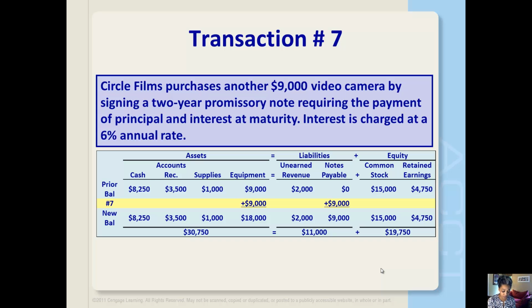So they're receiving the equipment, so assets are increasing. But unlike transaction number 2, they're promising to pay the cash plus interest in 2 years instead of paying the cash at the time of the transaction. So in this case, liabilities are increasing instead of having the assets decrease by the same amount as the purchase.